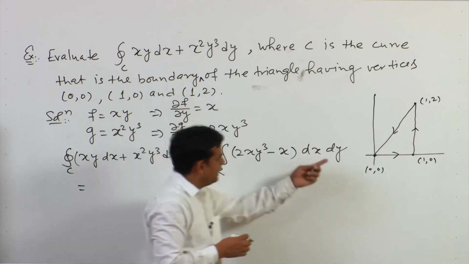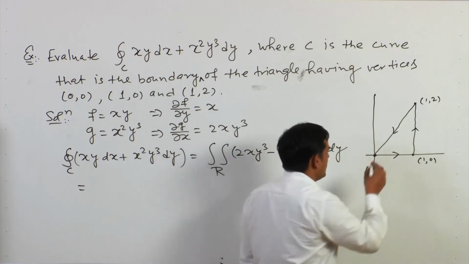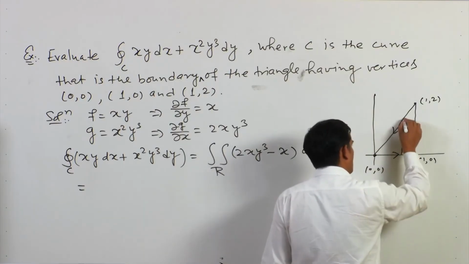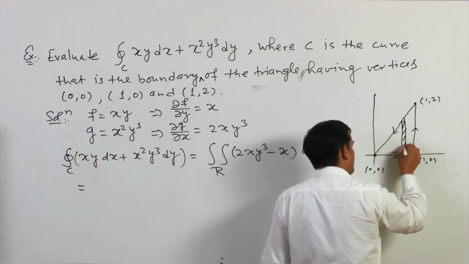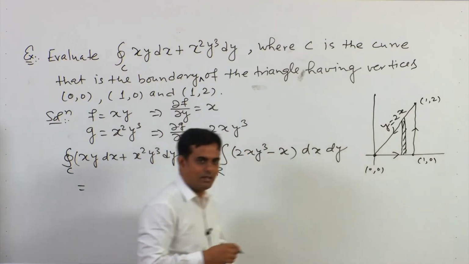This is quite a simple region. You can take either the vertical strip or the horizontal strip. Let us take variable limits in y, so I am taking the vertical strip. This line is y equals 2x.